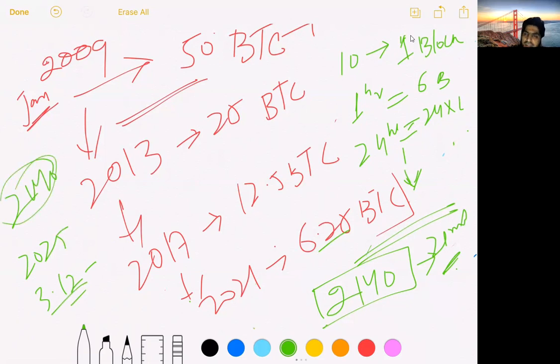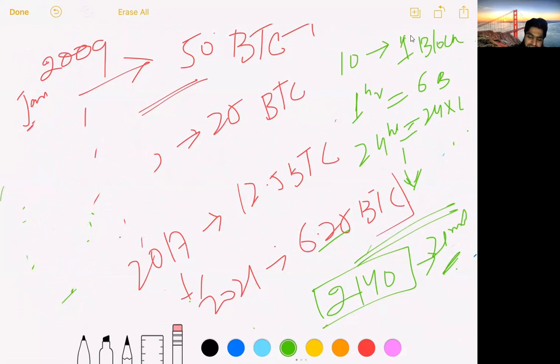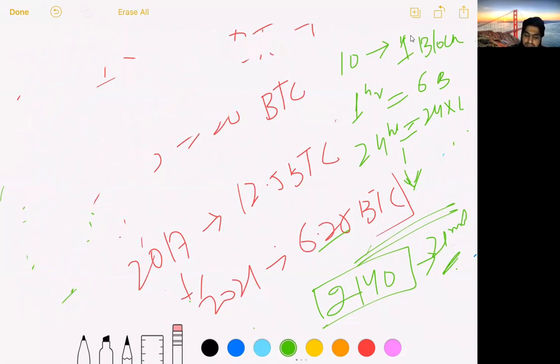We cannot create new bitcoins then. So finally, in the year 2140, we have 21 million bitcoins. I hope you understand the process of varying difficulties and all the things.